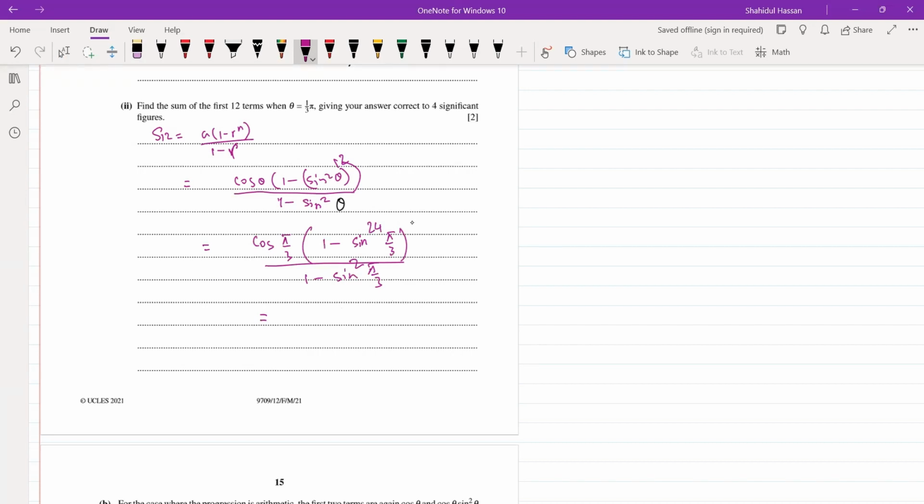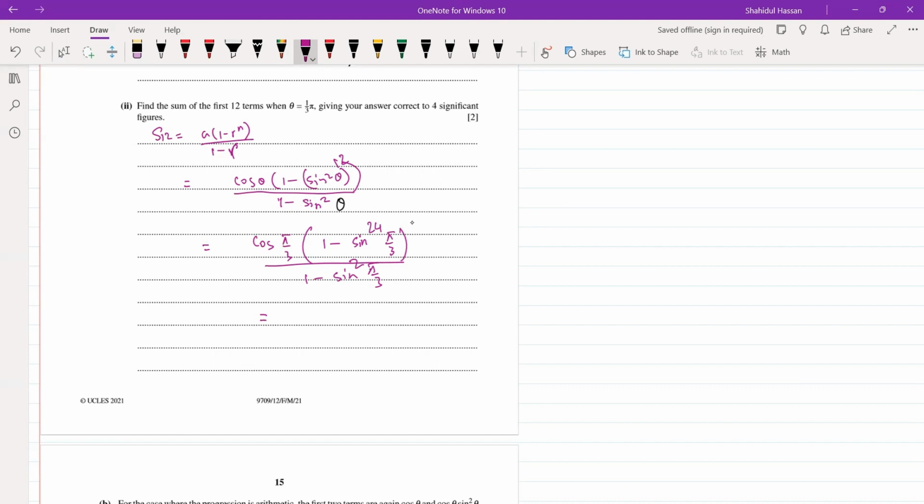So here we have pi by 3, sine, answer to the power 24, 1 minus that, multiplied by cosine pi by 3, divided by 1 minus sine pi over 3, bracket closed, squared.